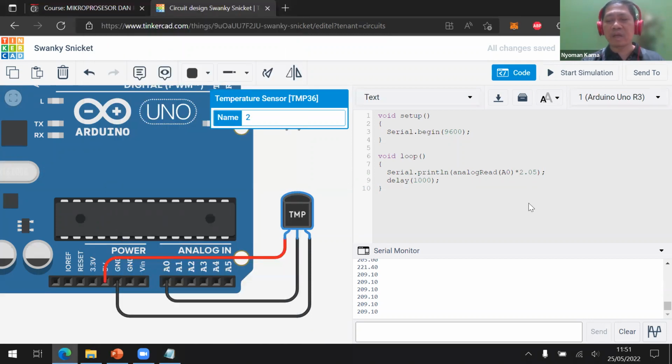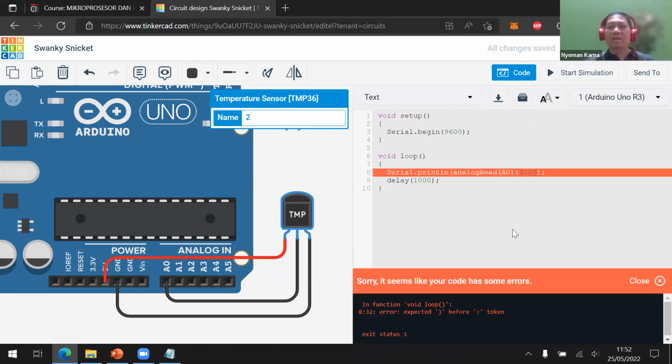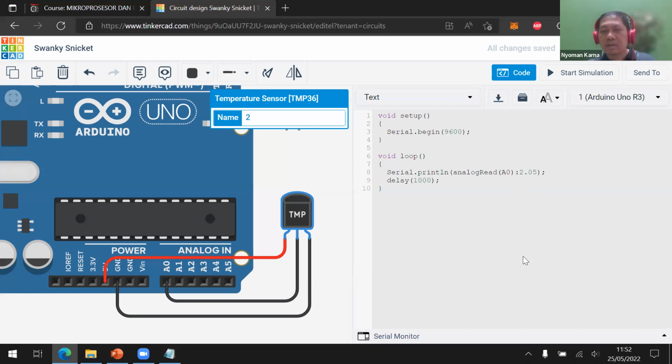So instead of multiplying, we need to divide using 2.05. Okay. In function loop error expected before. Oh, sorry. This one is the correct operator for division.